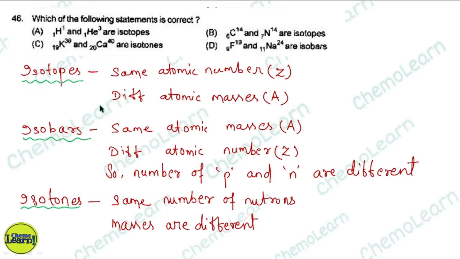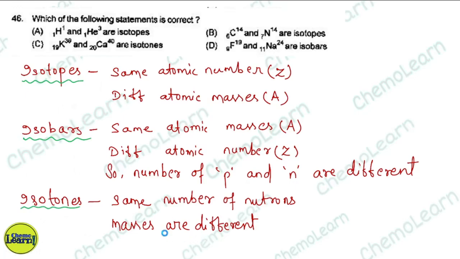Atomic number means number of protons, so they have the same number of protons. Atomic mass means number of protons plus number of neutrons. Isobars mean the same atomic masses but different atomic numbers, that means the number of protons and neutrons are obviously both different. Isotones mean the same number of neutrons but their masses are different.